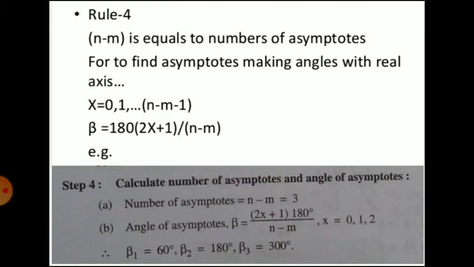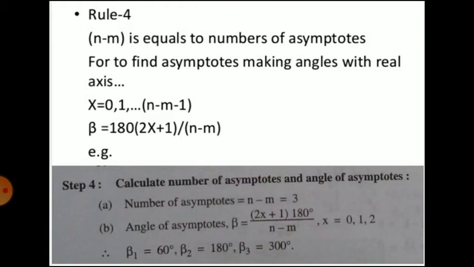An example is given. Calculate the number of asymptotes and the angle of asymptotes. The number of asymptotes will be n minus m, which is equal to 3. So 3 asymptotes will be there, the guidelines for the branches approaching infinity.